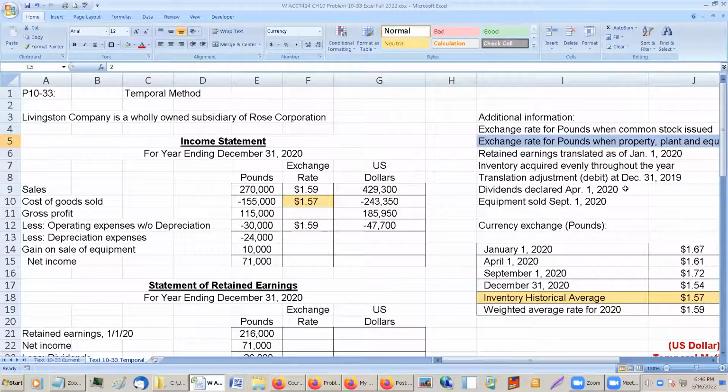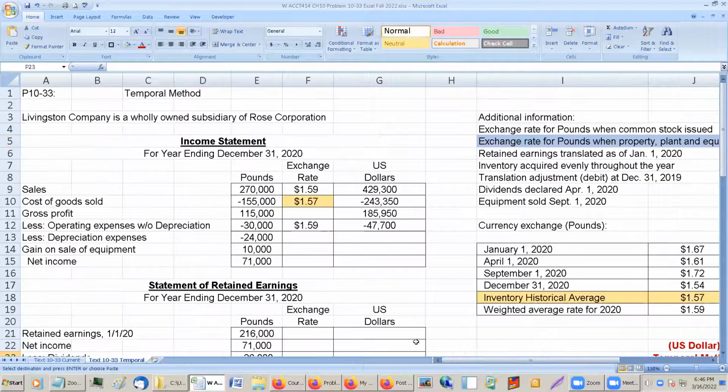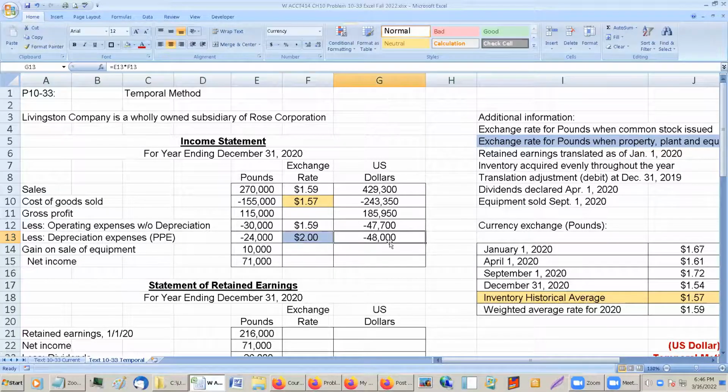So that's what we're going to use here. This depreciation expense is based on the property, plant, and equipment, and so we have to know what the exchange rate was when we bought it, and then we can figure out how that translates into dollars.